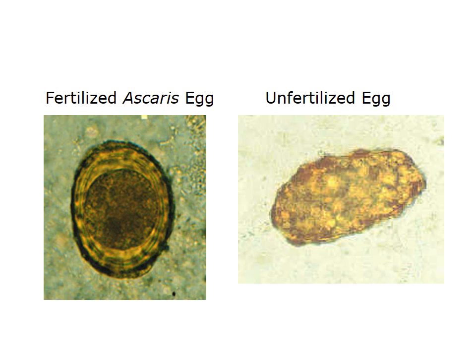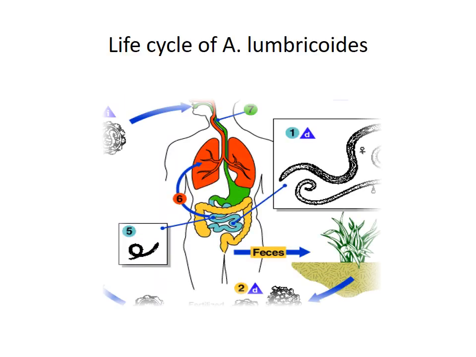It has a thick shell and is oval. While if you compare that with the unfertilized egg, they don't have the ovum. The size is more elliptical and it is refractile. So you can easily distinguish between fertilized as well as unfertilized egg.